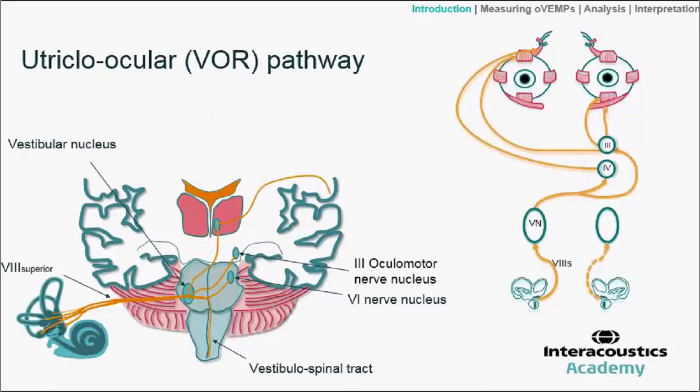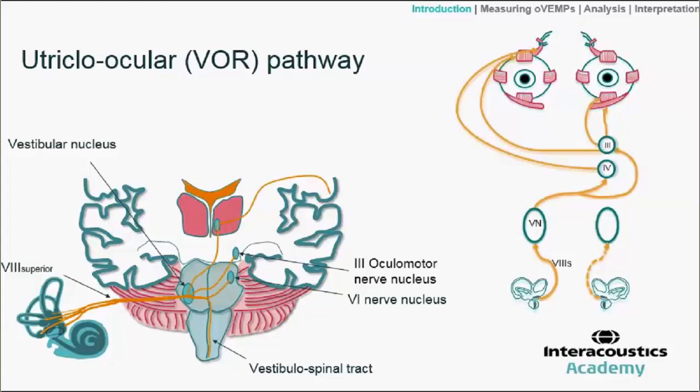Now, just looking a little bit more into the reflex pathway itself. I want to emphasize that we're really concerned primarily with the utricle, although the sound stimuli, whether by AC or BC, might be expected to stimulate both utricle and saccule, but here we're primarily interested in the utricle.